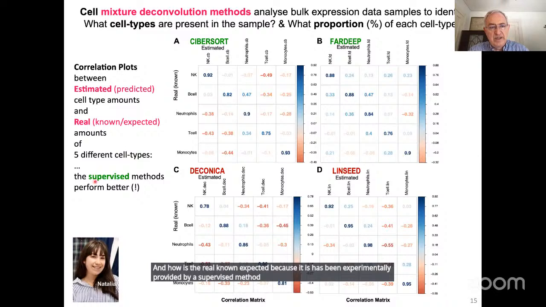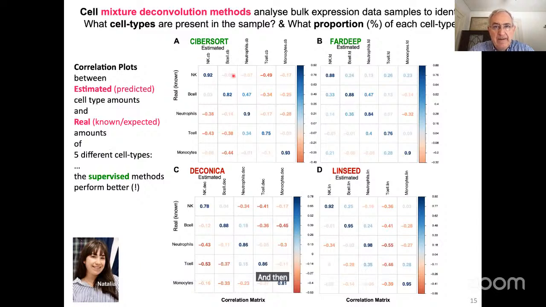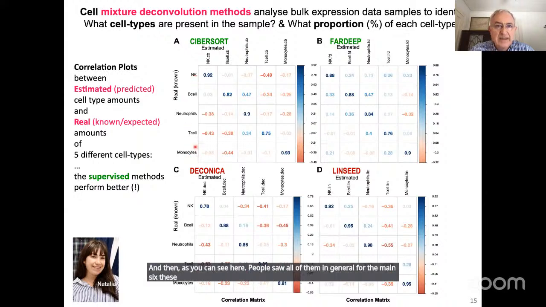For this reason, we took one of these examples that I told you before. And as you can see here, CIBERSORT, all of them in general, for the main cells perform quite well: B cells, T cells, neutrophils, monocytes, NK, for example.